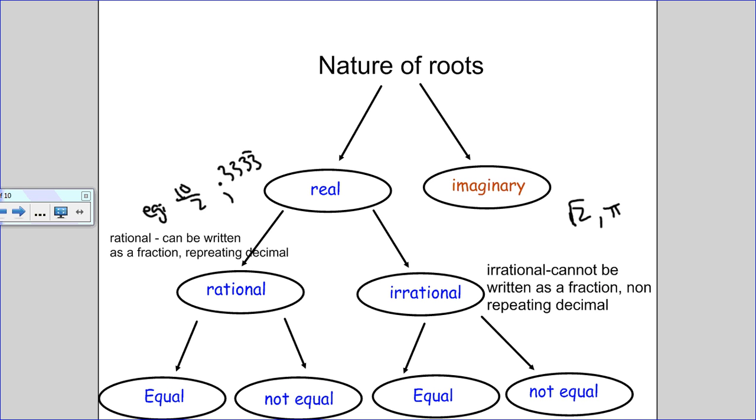Pi is irrational. Radical 3, and so on. Radical 7 is irrational. Radical 4 would not be irrational because radical 4 is 2, and 2 is a rational number.